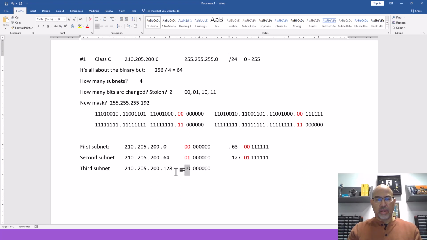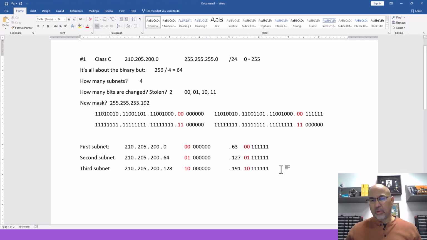Notice again that my subnetting field just changed to this next possible value. Well, 128 plus 63 gives us 191. There we go.